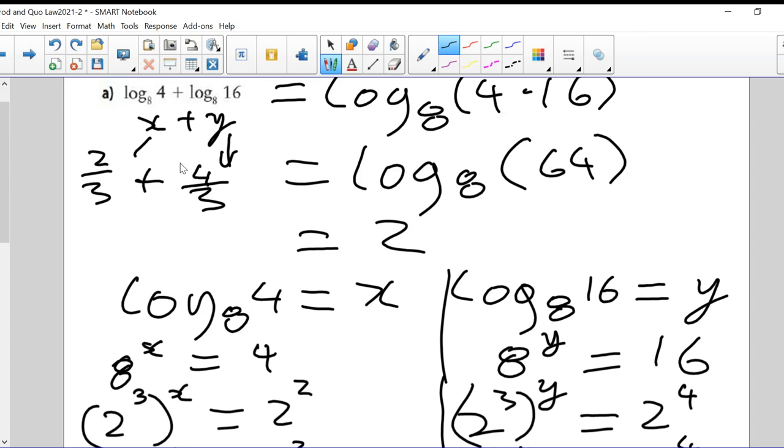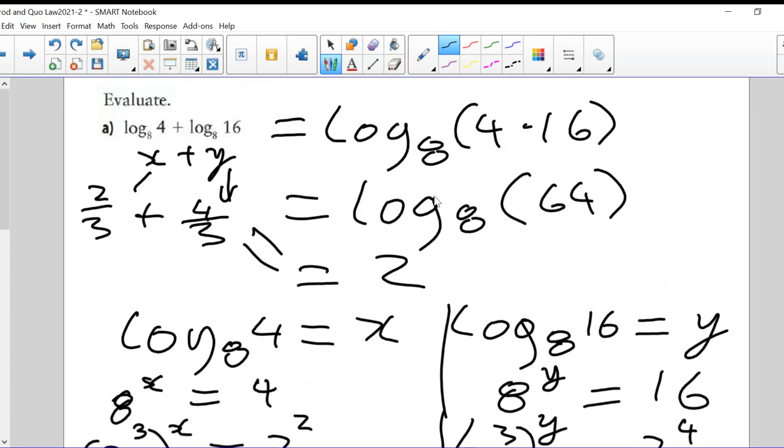So 2 over 3 plus 4 over 3, well, that would be 6 over 3, which obviously is still equal to 2. So we have the same answer of 2 by this little shortcut method here. The log base 8 of 64 is just simply 2, or individually calculating the log base 8 of 4 and the log base 8 of 16 gives me the fractions 2 over 3 and 4 over 3, which you can add together to get 6 over 3, which of course is equal to 2.